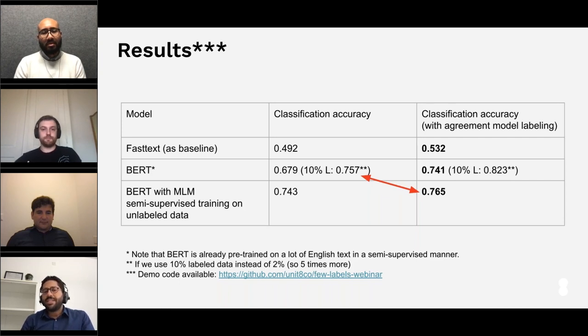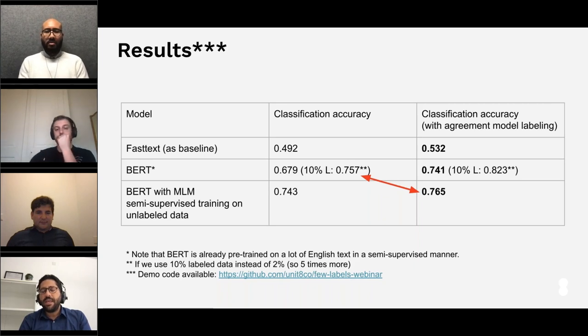Now, the important message here is that, where you see the red arrow, if you use 10% of the data as labeled data instead of 2%, which means 5 times more labeled data, and you use BERT, for example, which means you don't do extra techniques for using your unlabeled data, you get to about 75.7% of accuracy.